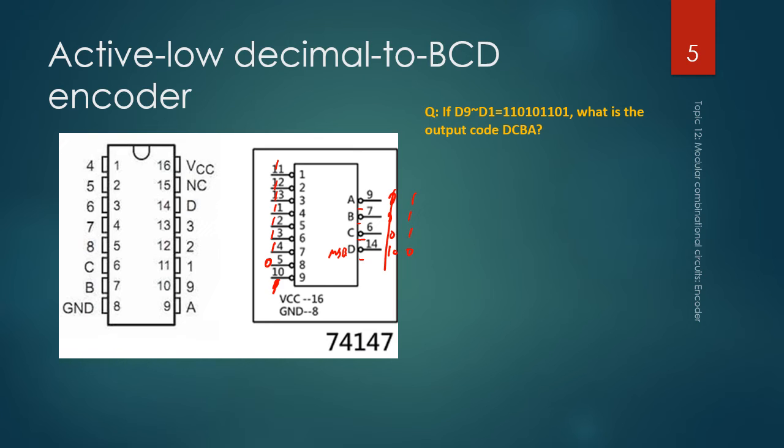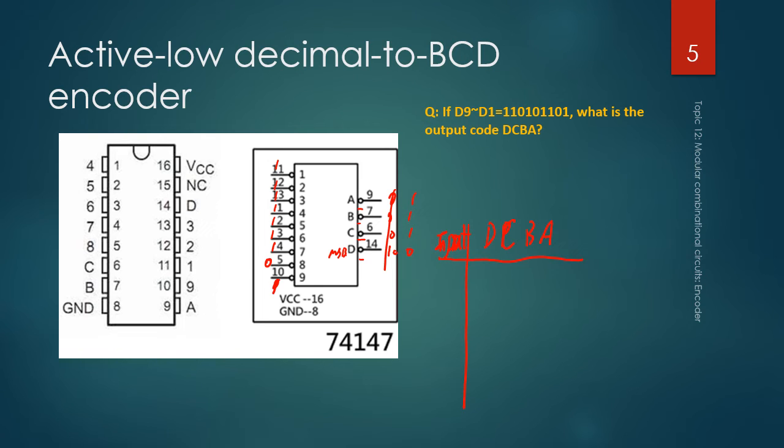Basically, let's try to do the truth table first here. This is D, and then this is DCBA. Here D, I mean the input. Maybe I just put the input here.